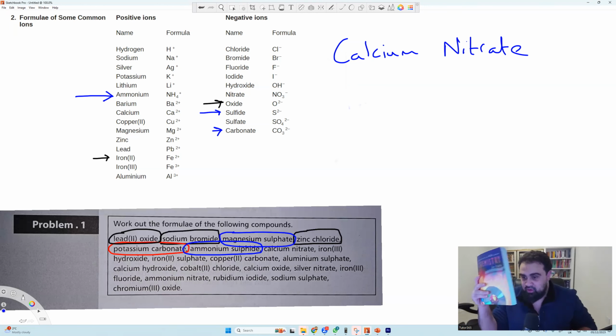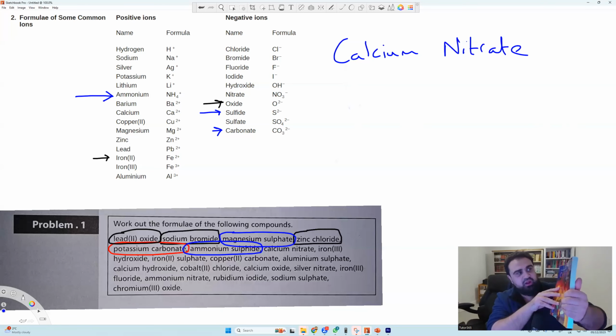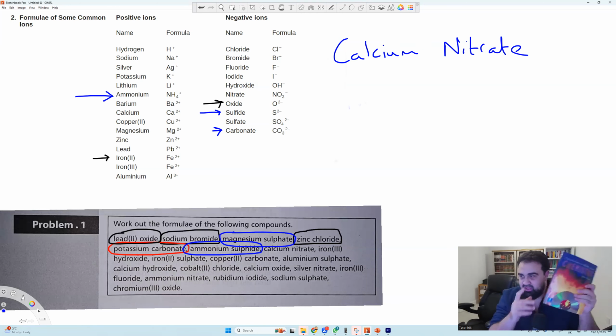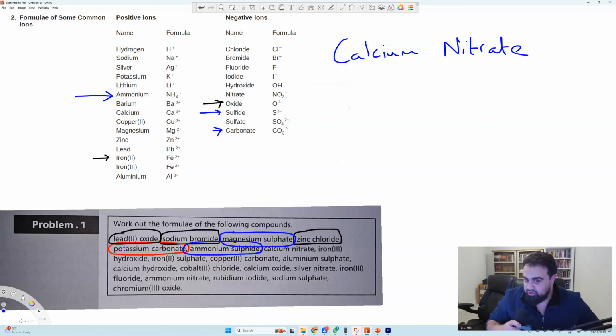Well, you can, but it'll help you for sure. Jim Clark, Calculations in AS/A-level chemistry. I've got 2 copies of this. I love this book. It's such a good book that one day, my sister and I fought over it. And by the way, she studies at King's College now, so she's doing really well as well. She used this book as well. It's a very good book.